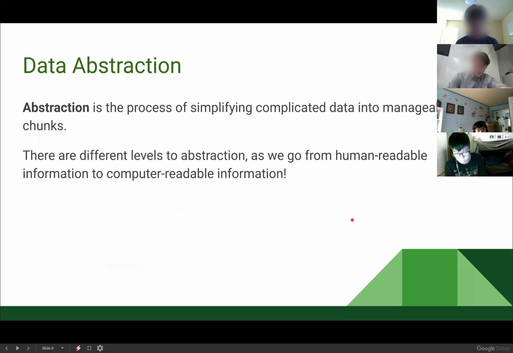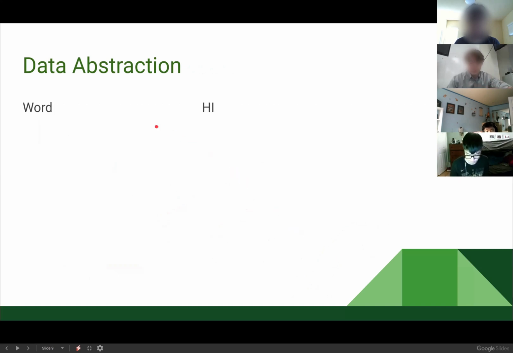So abstraction, we talked about this at the beginning of the year as well. Abstraction is the process of making something complicated into something simpler, into making it more manageable. And there are different levels of abstraction as we're going from something more human readable to something that's more computer readable. So let's think about a word.